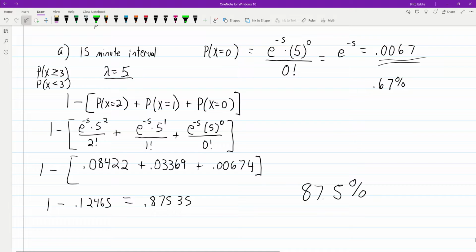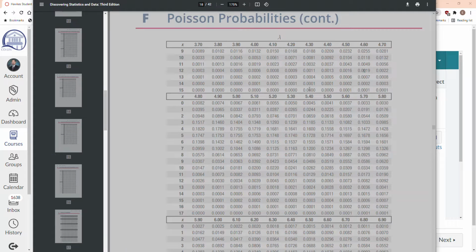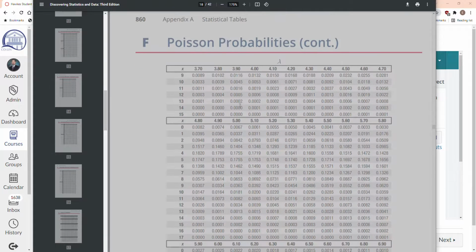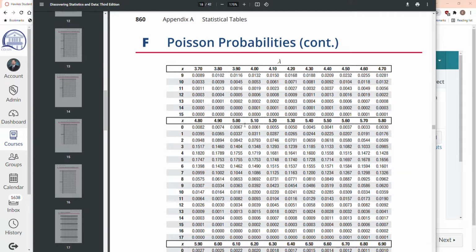This is the same problem, so lambda is the same. Alright, so we look at lambda equals 5, and then x equals 0, 1, and 2. So we go to 5. Here's 0, 1, and 2.